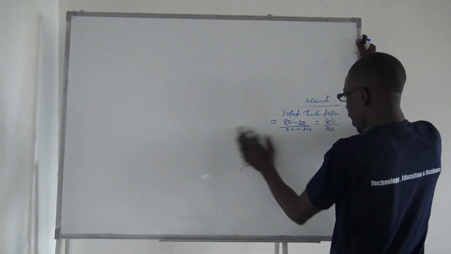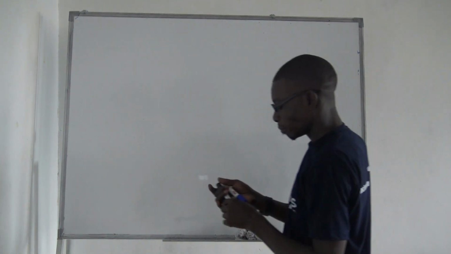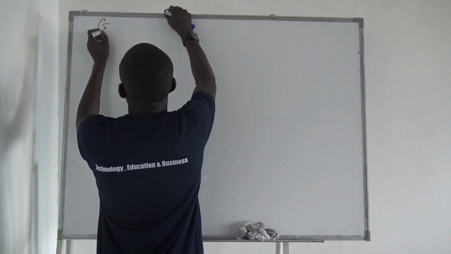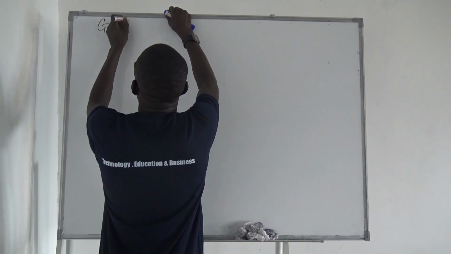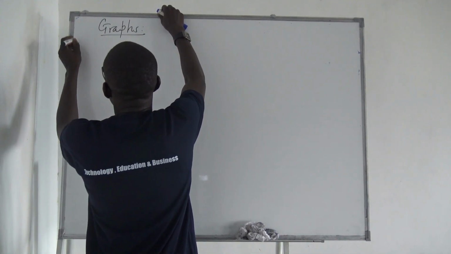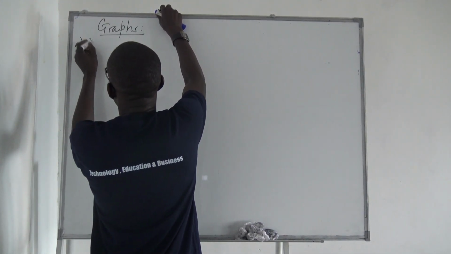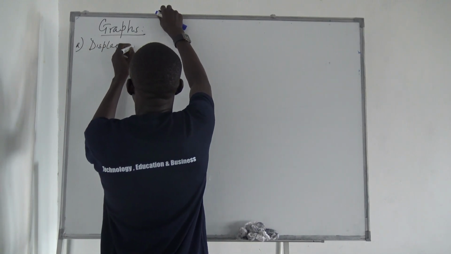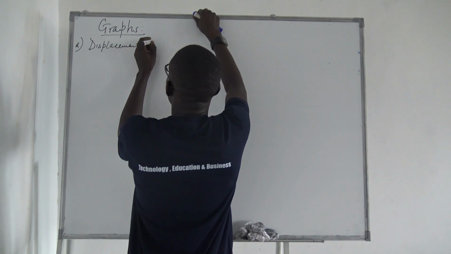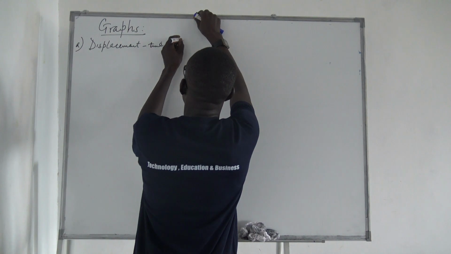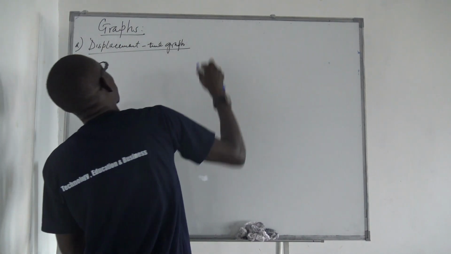In the graph here, let's look at the first part, part A. I'll look at displacement-time graphs.